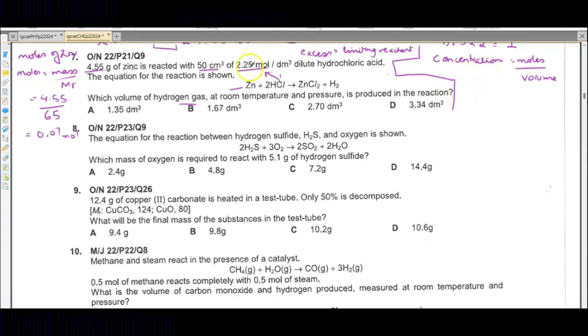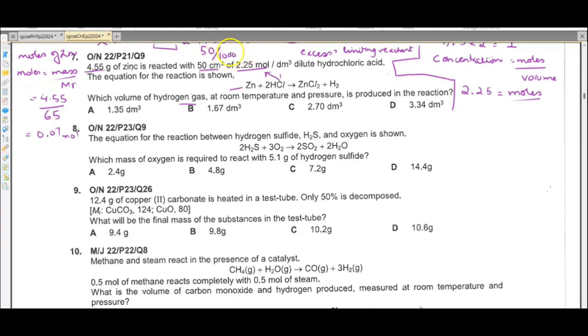The concentration was 2.25 moles per decimeter cubed, so nothing needs to be converted over here. And we have moles over here, and the volume is given to us in centimeter cubed, whereas concentration is given to us in mole per decimeter cubed. So this volume needs to be converted into decimeters cubed. In order to convert centimeter cubed into decimeter cubed, we need to divide this by 1000.